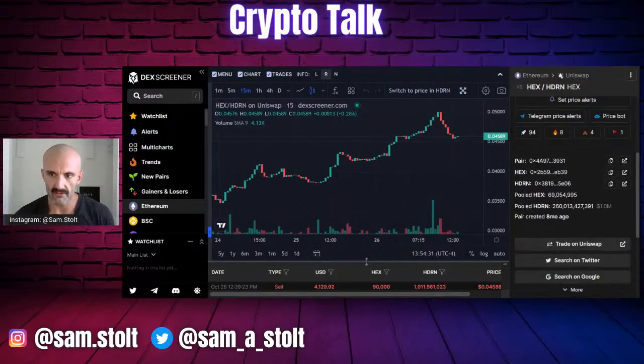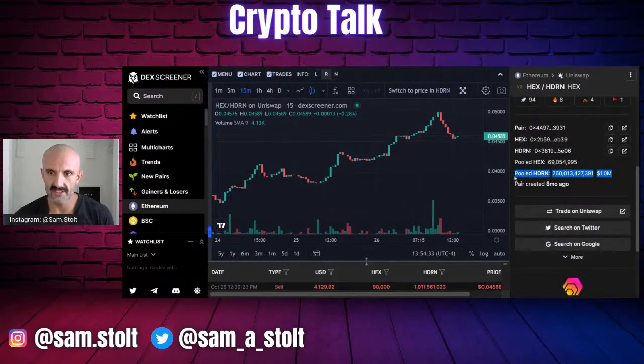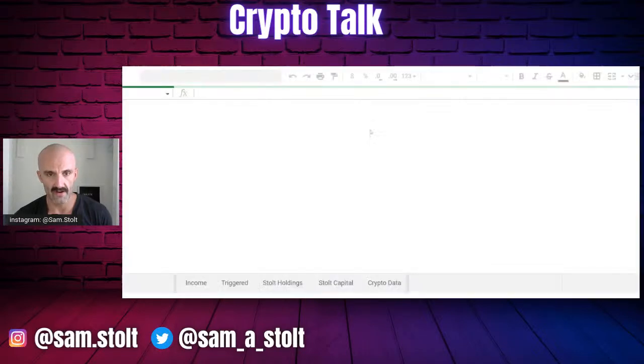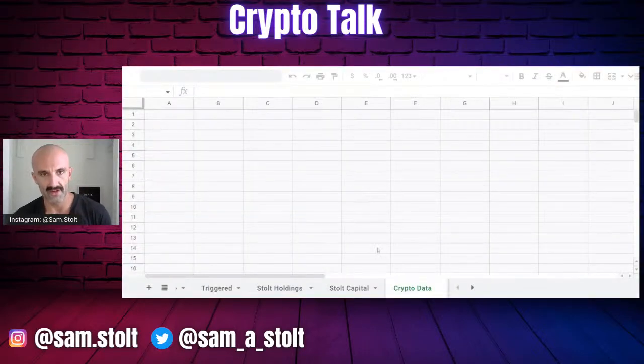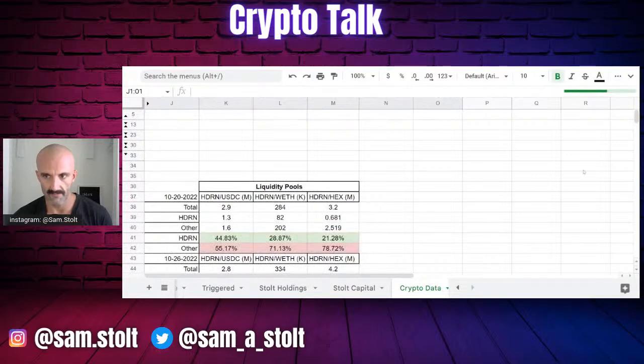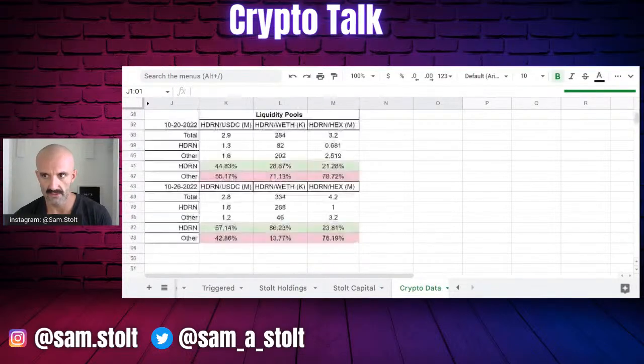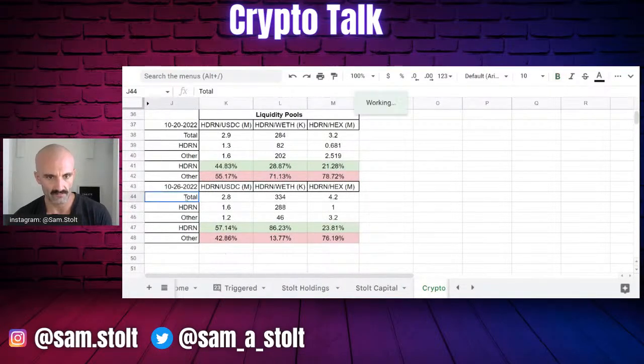And if you scroll down a little bit, you get to actually see how much Hedron is pooled in this pair: $1 million, right? Which is pretty crazy when you take a look at the data here, because we have one pool that is looking different than all the other pools here. Let's scroll back down here so we could take a look at this.